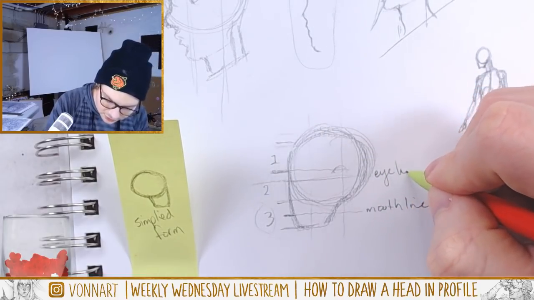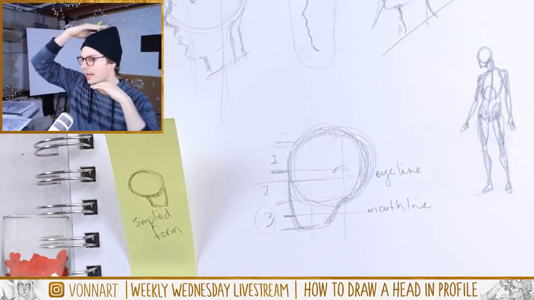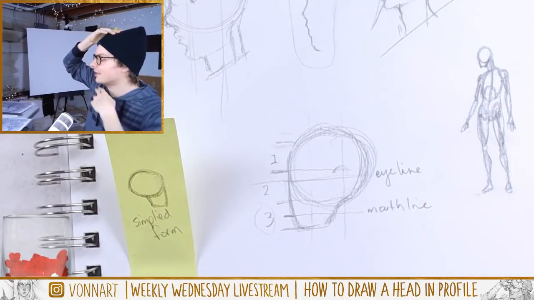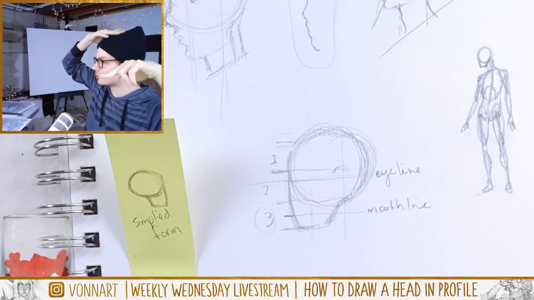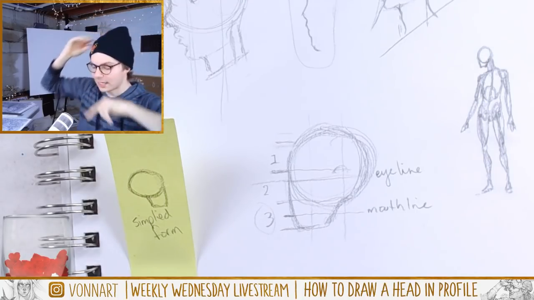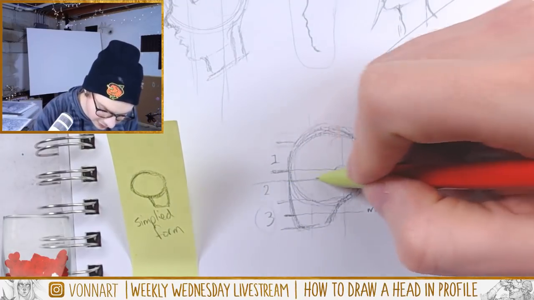And another little trick of the trade is your eye line tends to be, if you have your head in profile, once again, and you take the bottom of the chin to the top of the head, if you have a line that is directly in the center of that, that would usually be where your eye would be placed. So that would be called the eye line.